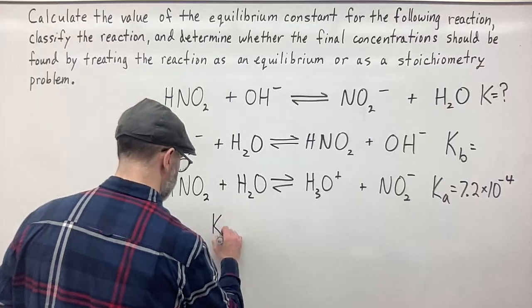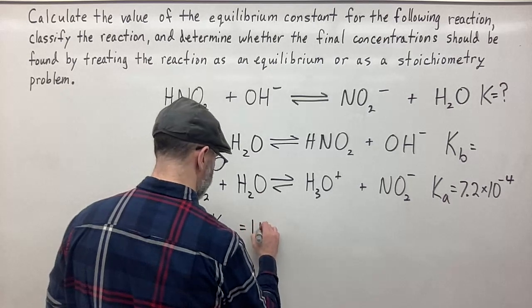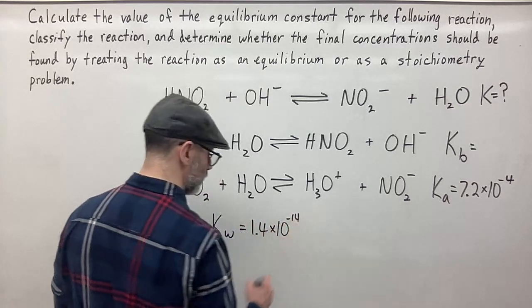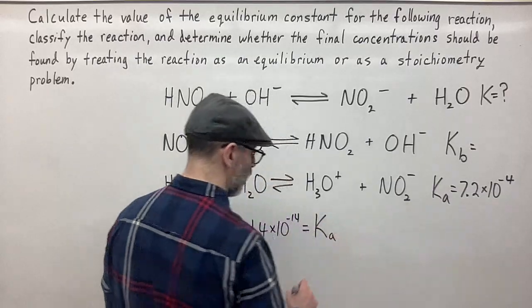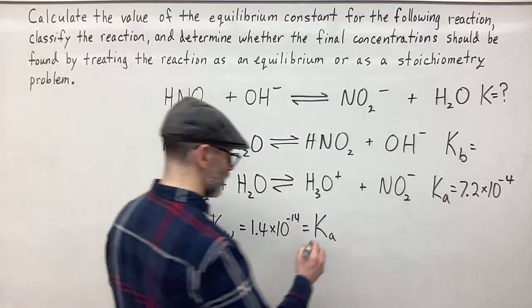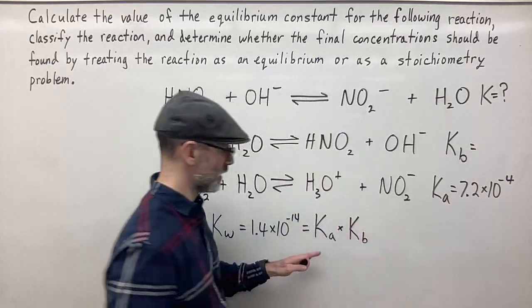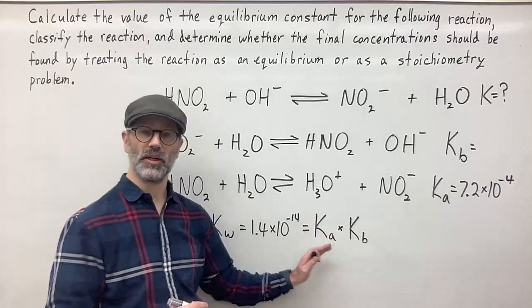The Kw, which is equal to 1.0 times 10 to the negative 14, is equal to the Ka of the conjugate acid multiplied by the Kb of its conjugate base.